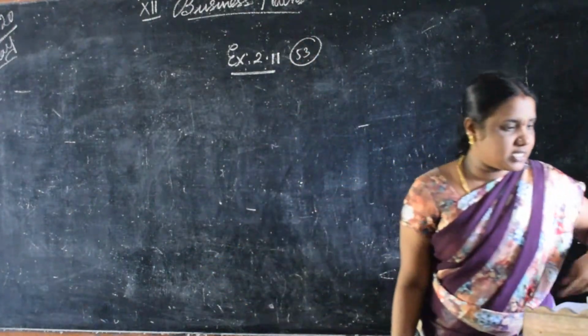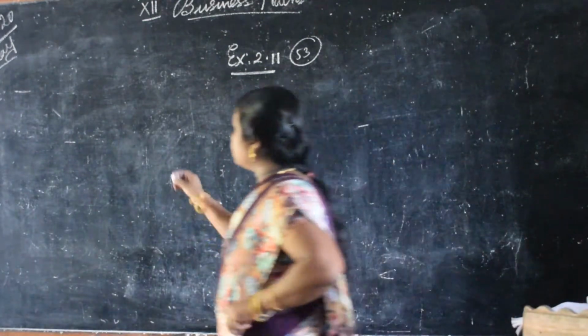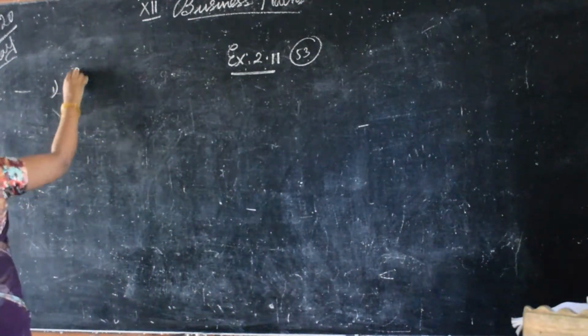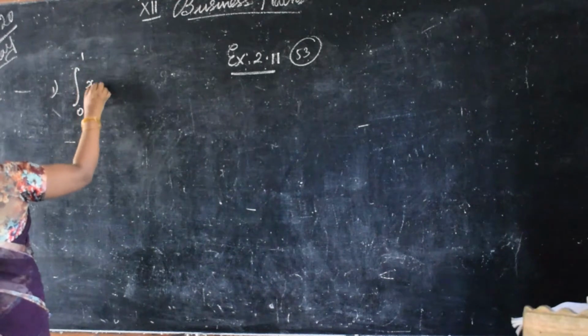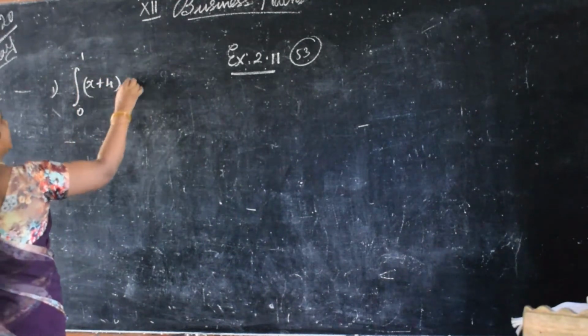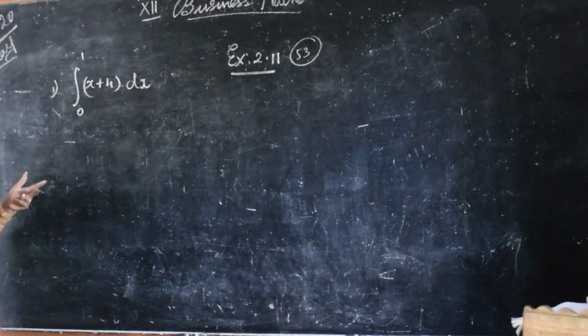See the first question, integral 0 to 1 x plus 4 dx. What is the formula for the limit of a sum?